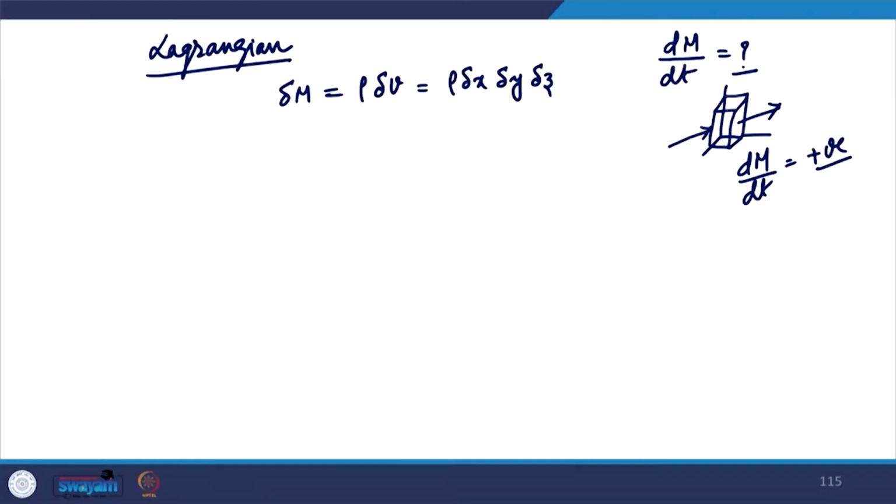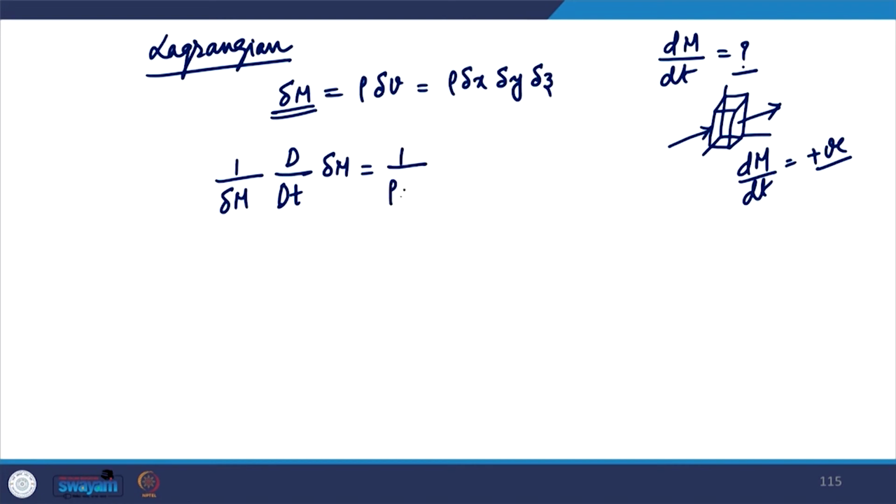Right. So, here the case is different. How is it different? Here the control volume is not fixed, rather it is moving along the fluid, right. So, for the conservation of mass, we will say that this delta m needs to be conserved. So, we will try to find out the rate of change of this particular mass. If it is following the motion, then we have to use the total derivative, not the normal derivative.